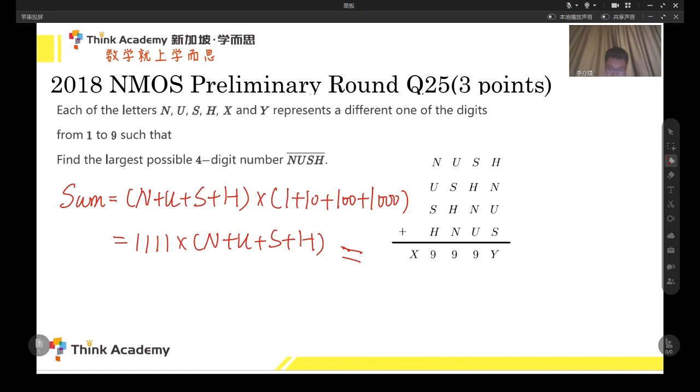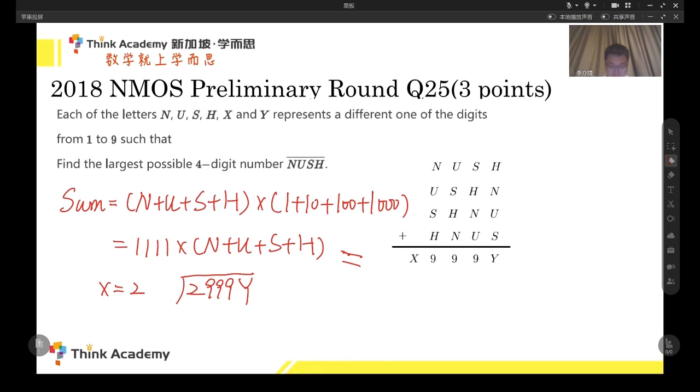So if x equals to 2, then we have this 2999y, right? It's a multiple of 1111. So maybe we can just divide it by 1111 and see what we can find.